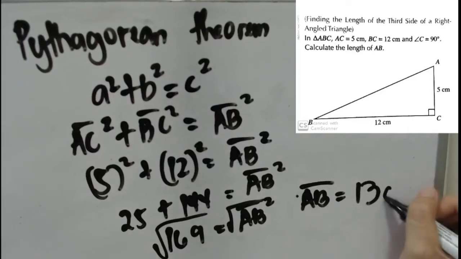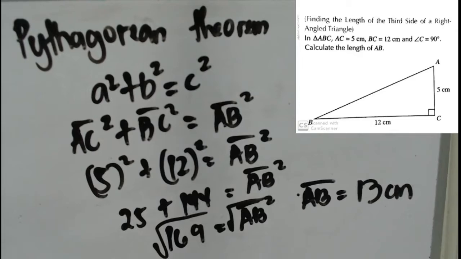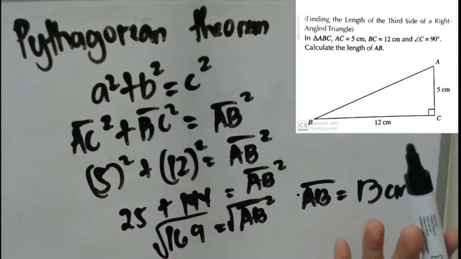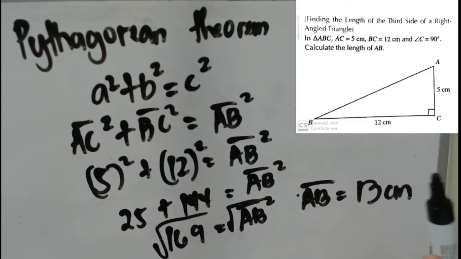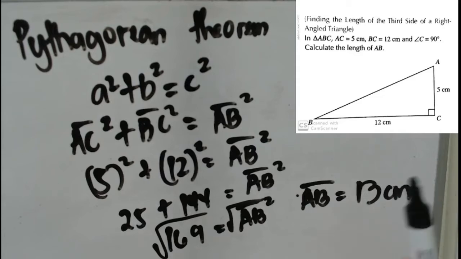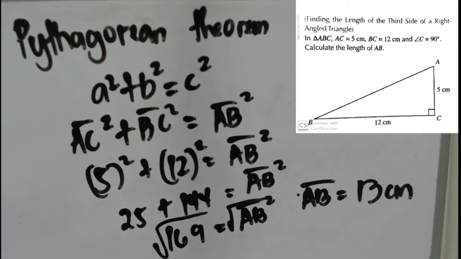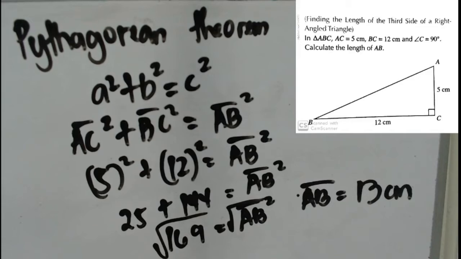13 cm. So again, for us to be able to apply the Pythagorean theorem, the given triangle must be a right triangle. For us to say that it is a right triangle, there must be an angle that is 90 degrees, or a right angle. Here we have the example triangle ABC, wherein the legs' measurements are 5 cm and 12 cm respectively, and we need to find the length of the hypotenuse, or the longest side.